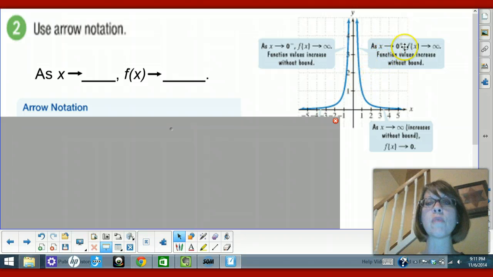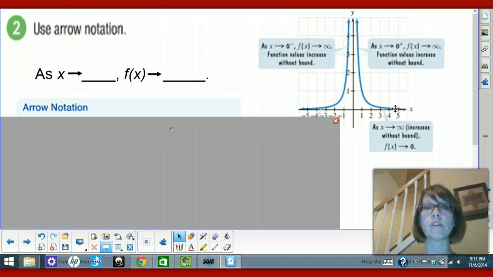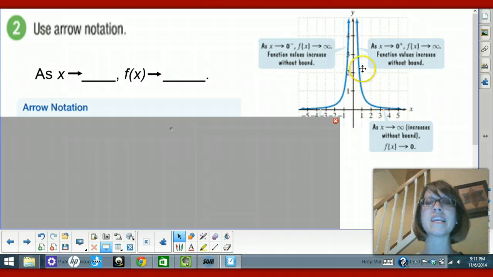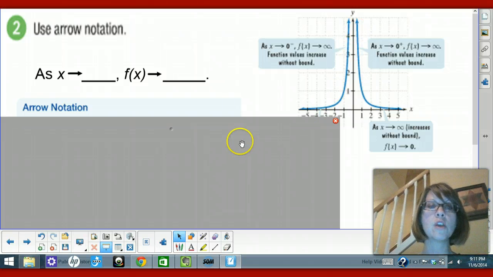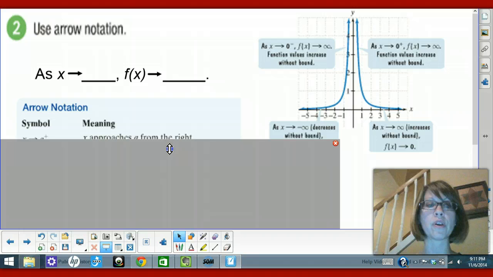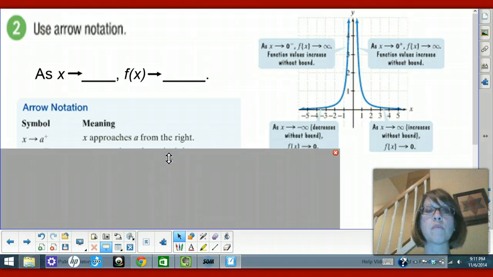Approaching 0 from the positive side means that we're going to start over here on the positive side, and we're going to go backward towards 0. And again, for this particular graph, it's going up toward positive infinity. You have this arrow notation chart in your book that says as x approaches a from the positive side, that means x is approaching a from the right.